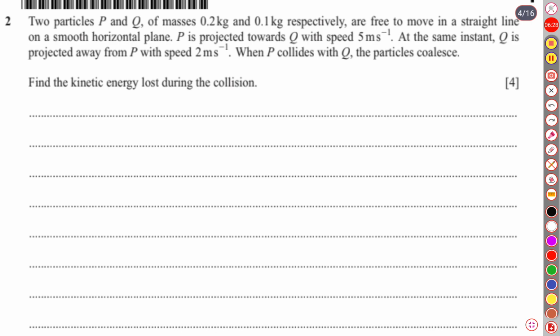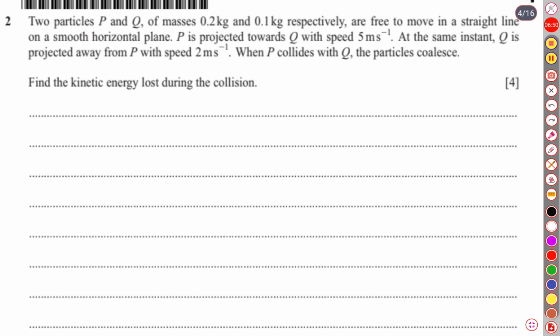So it's all about the loss of energy, and the components of loss of energy are nothing but the velocity before and after the collision. And for finding velocity before and after the collision, we will have to apply the concept of the conservation of momentum.